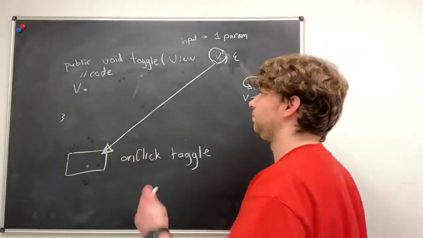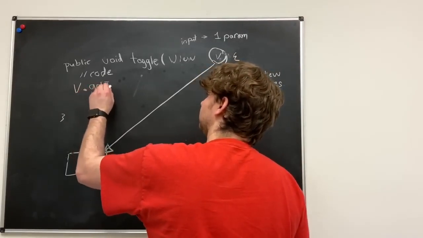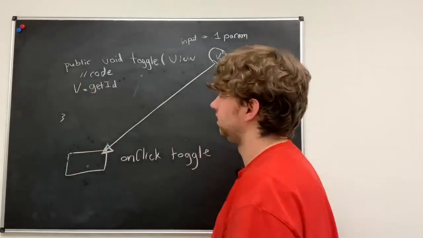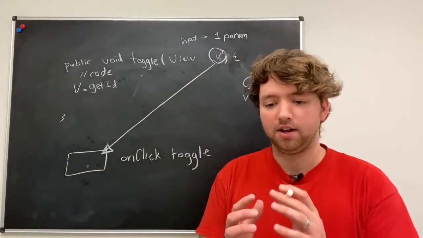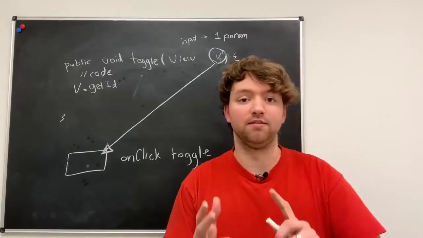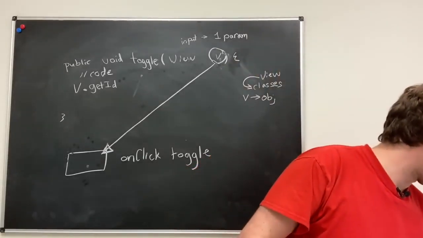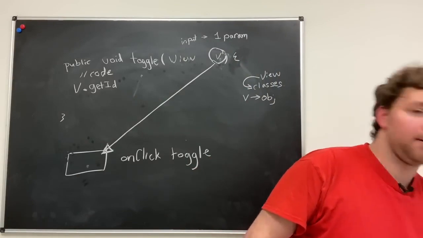So for example, we could do something like get ID. And IDs drive me bonkers because I can never remember if it's all capital, or if the first letter is capital, or none of it's capital. So I'm just going to take a little peek. Yeah, I got it right.